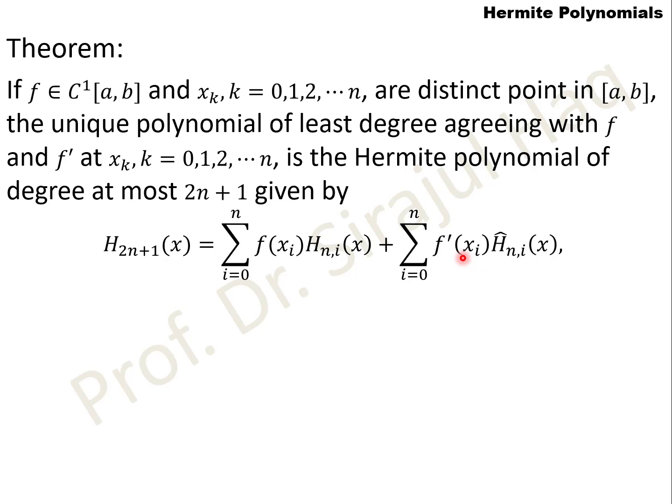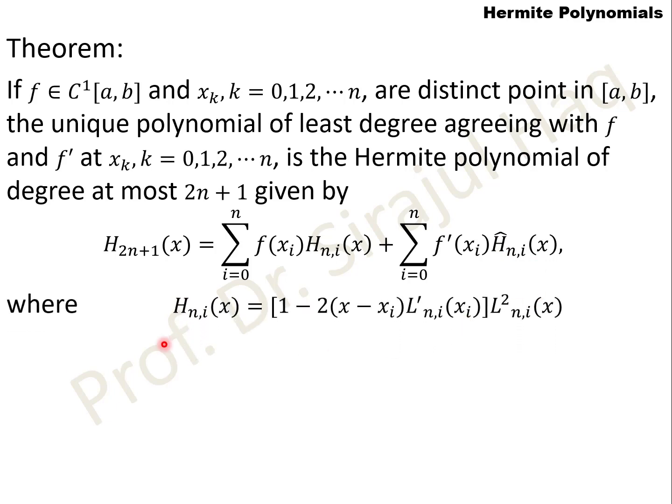In previous methods you saw that the derivative of the function was not given to us, but in this case we need the derivative of the function at the data points. H_{n,i} and H hat_{n,i}, these are the polynomials given by this. You can see this term has been multiplied with L_{n,i} square of x, and this is the expression for H hat.